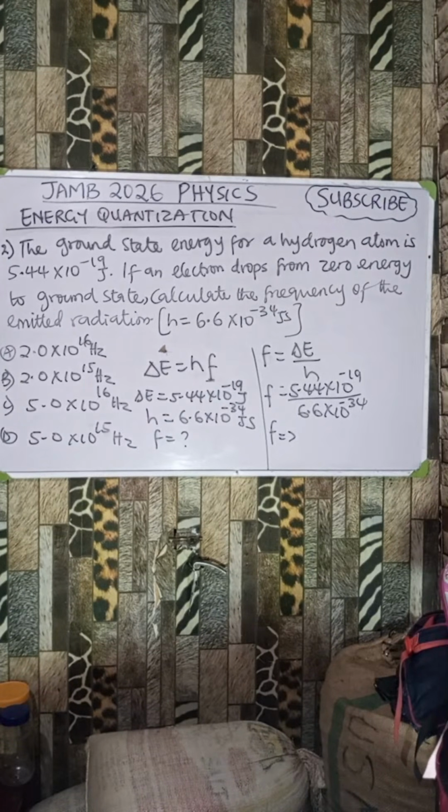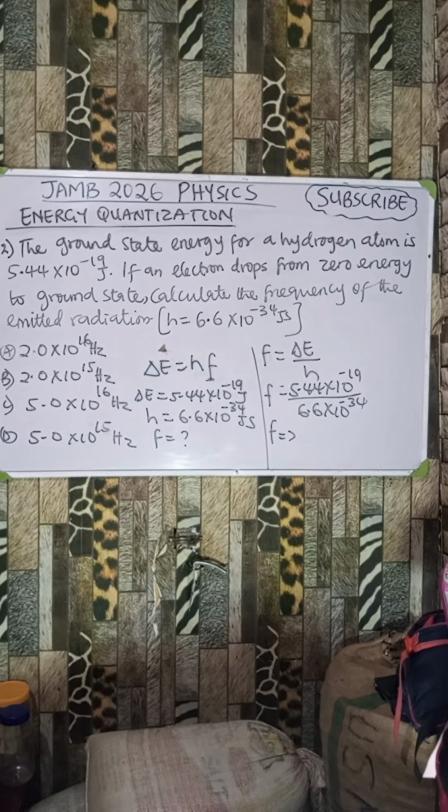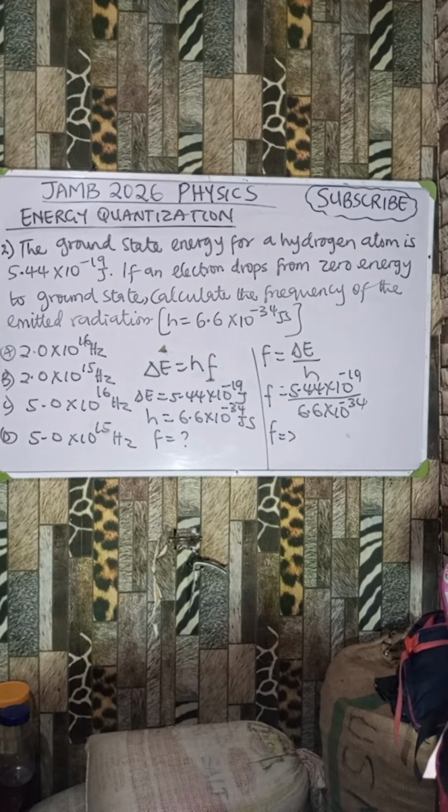I'm having a different answer. Which answer do you have? Nobody has even given me an answer. Please, what's the answer in this one, Seth? Before I leave it, what's the answer, please? What did you get? Divide that stuff on the board: 5.44 raised to the power of minus 19 divided by 6.6 times 10 to the power of minus 34.